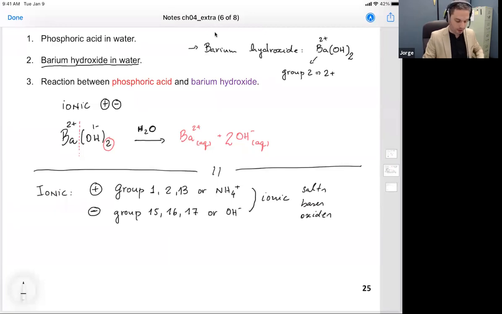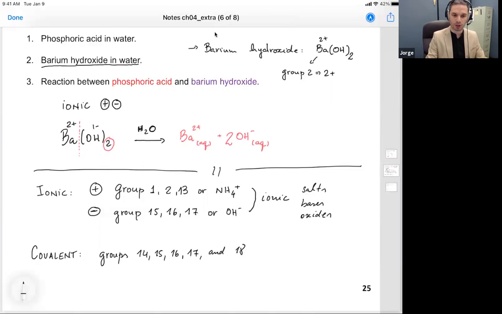On the other hand, the covalent compounds, in this case, both elements are looking for electrons, so therefore we don't have charges. And it's going to be formed by a combination of elements from groups 14, 15, 16, 17, and even 18.